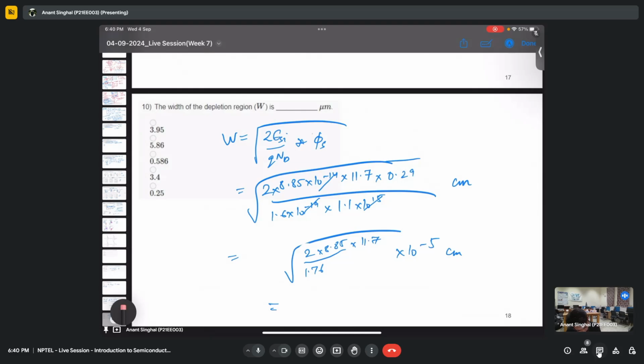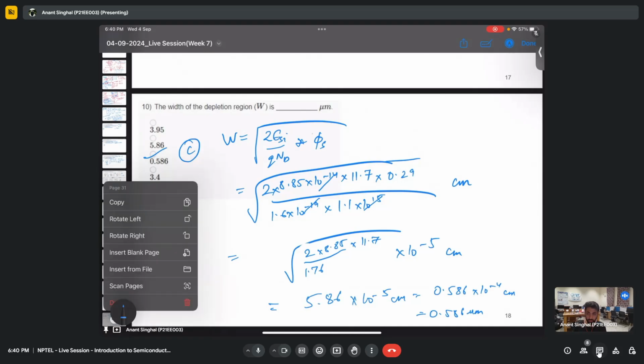So I'm getting 5.86 raised to minus 5, which is 0.586 times 10 raised to minus 4 centimeter, and that is basically 0.586 micrometer. So option C will be correct. You can check the calculation once.